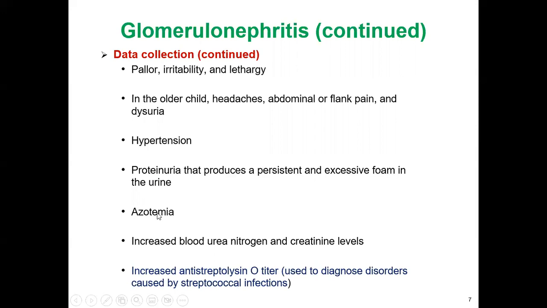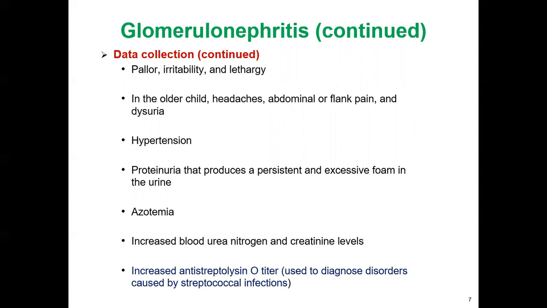So if urine is too foamy, it means excess protein is passing through. Azotemia means nitrogen-containing substances increase in the blood.